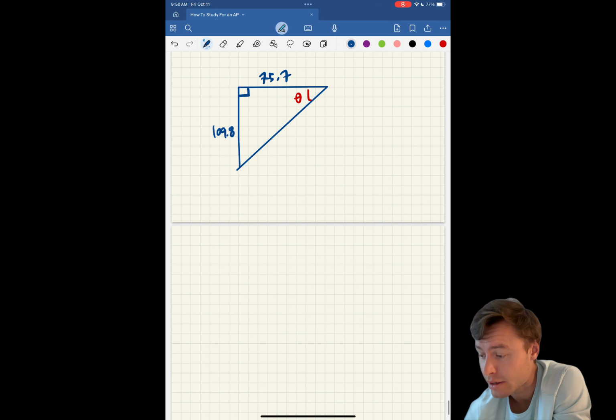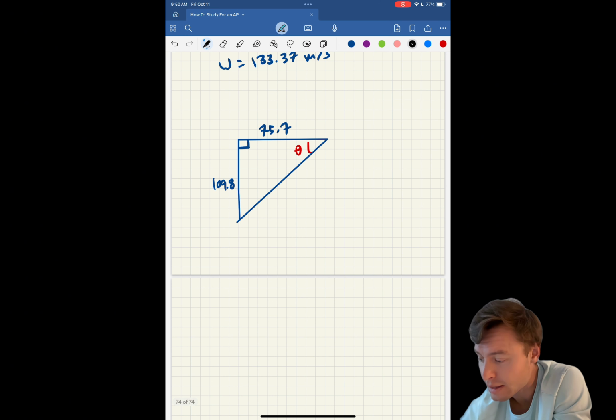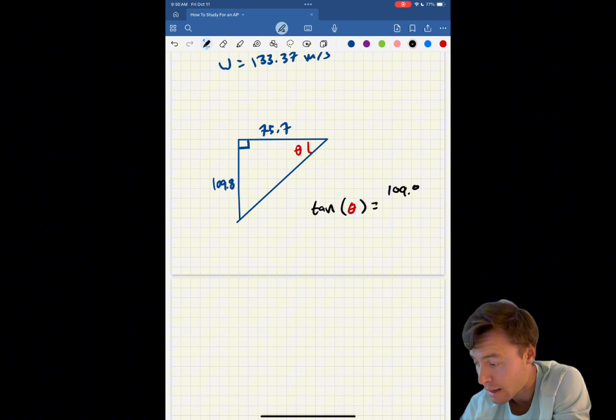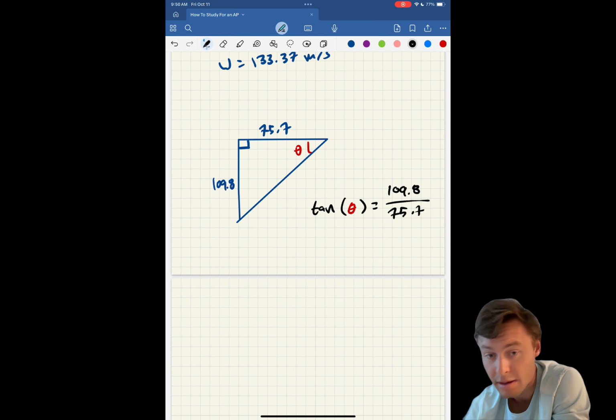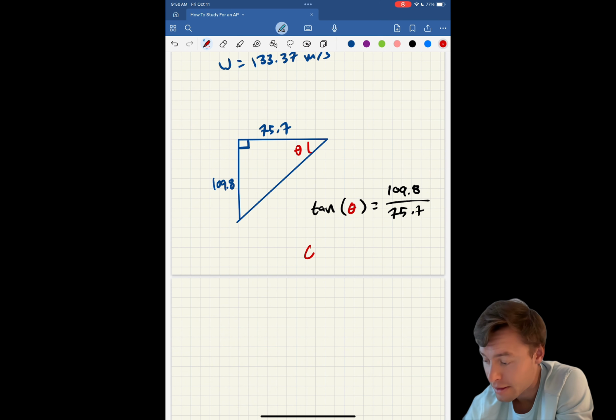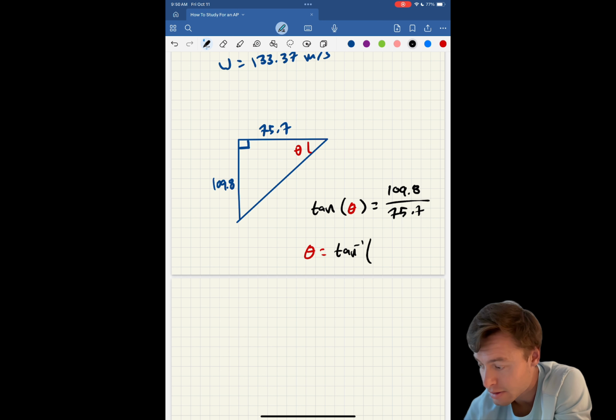And we know, based on trigonometry, that the tangent of that angle theta is equal to the opposite side, 109.8, divided by the adjacent, 75.7. And then what do we do? Theta is equal to the inverse tangent, tan to the negative 1, of 109.8 over 75.7.